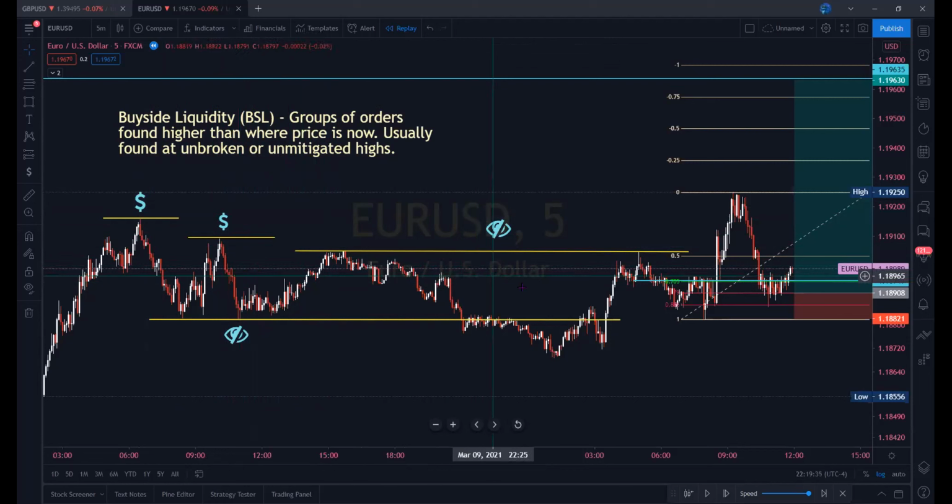So if price is to break above this high and then these two highs, we understand that price is going to go where? Up or down?